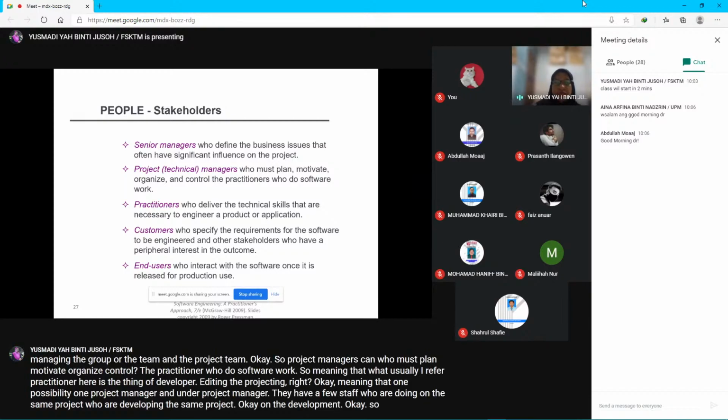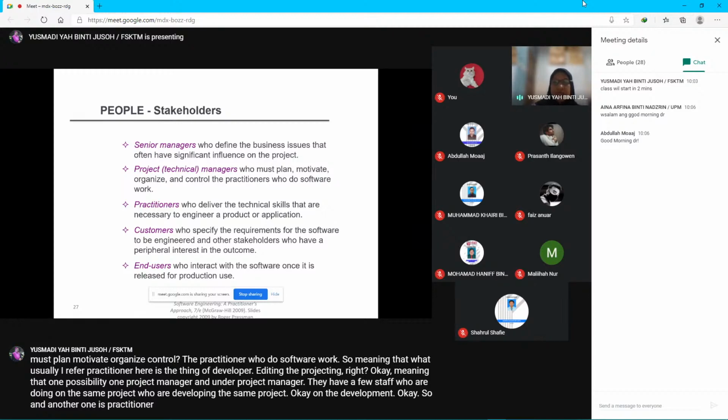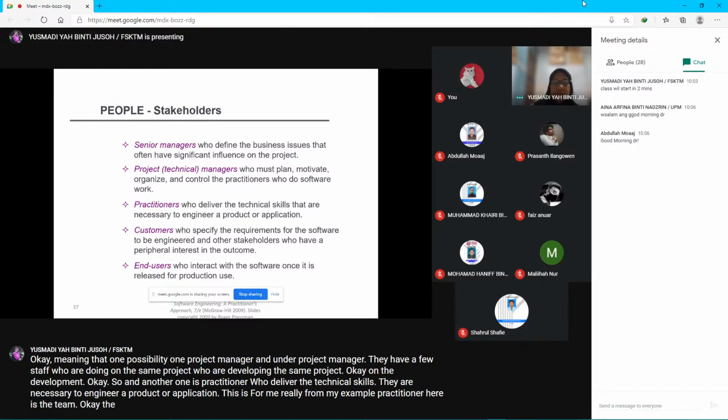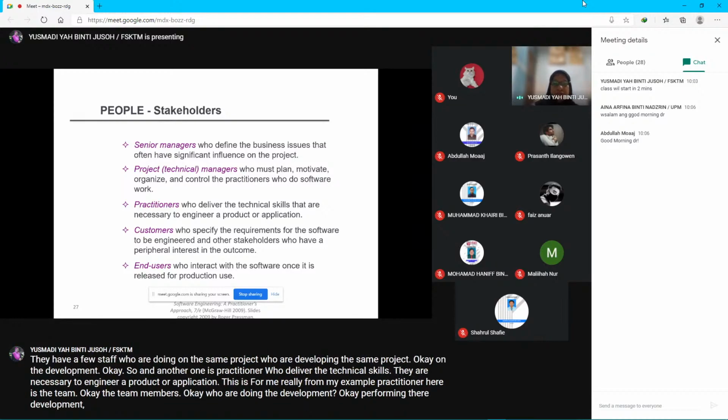Another one is the practitioner who delivers the technical skills necessary to engineer a product or application. From my example, the practitioner here is the team members, who are performing the development.